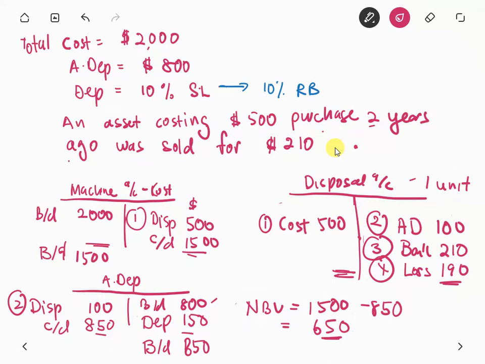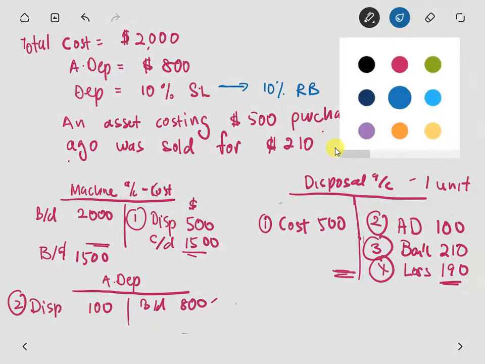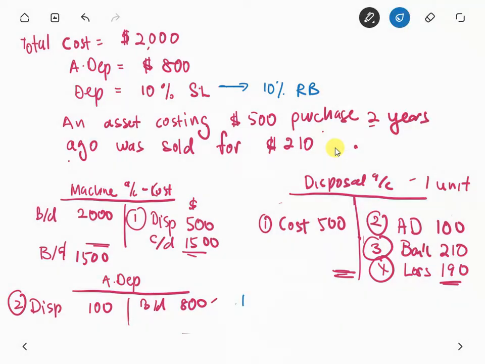Now, what if at the end of the year I decide to depreciate based on reducing balance? So I wrap up first. Disposal still the same. End of the year, I decide to depreciate based on 10% reducing. So depreciation is your percentage times net book value.